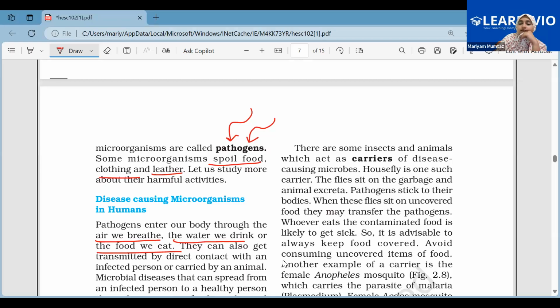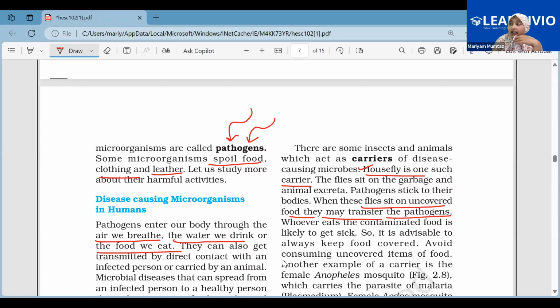Okay. Now, the housefly is one of the carriers of a lot of microorganisms. Houseflies are filthy. They are so dirty. They sit on animal excreta, human excreta, and then they come and sit on our food. I hate houseflies. So the pathogens stick to the body of flies such as a housefly or a mosquito, and when the flies sit on uncovered food, they may transfer the pathogen to the food.